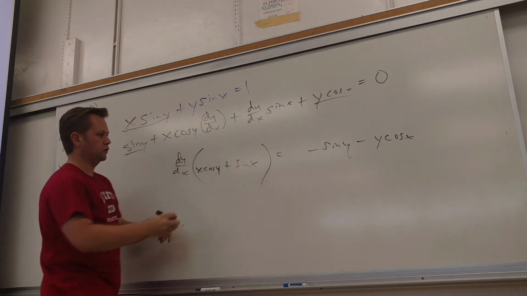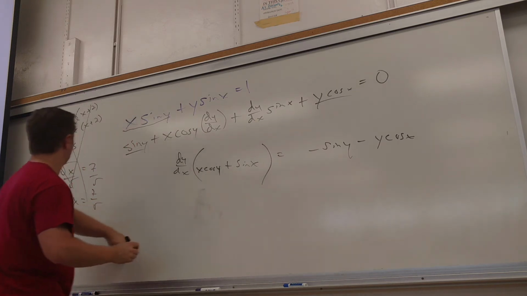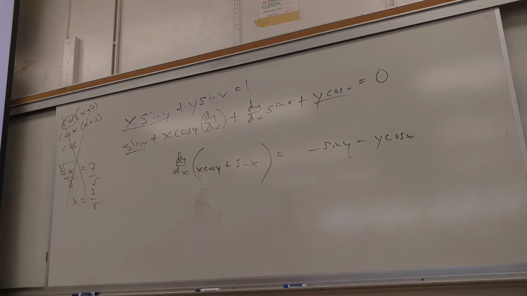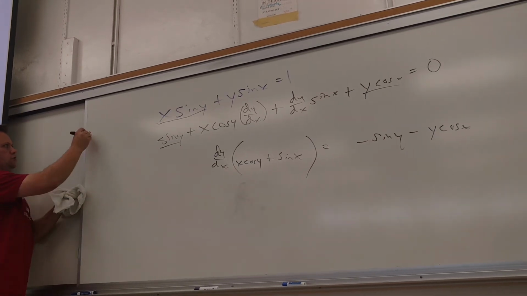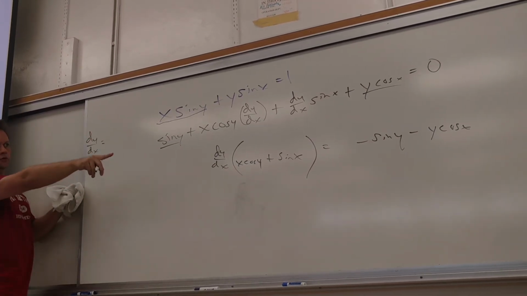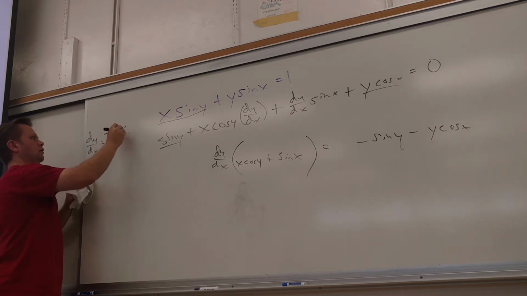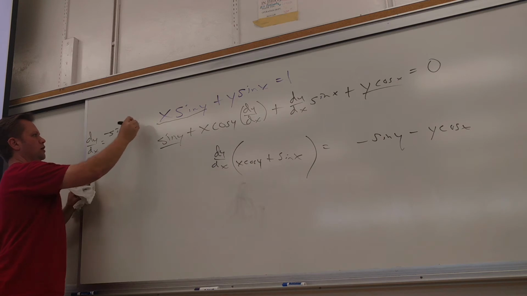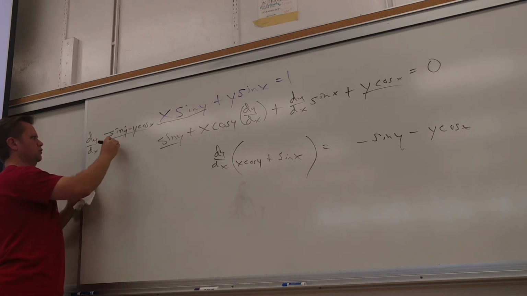And then divide by the stuff I don't want. Let me write this over here. Okay, let's capture what we got here. So we got dy/dx equals negative sine y minus y cosine x over x cosine y plus sine x.